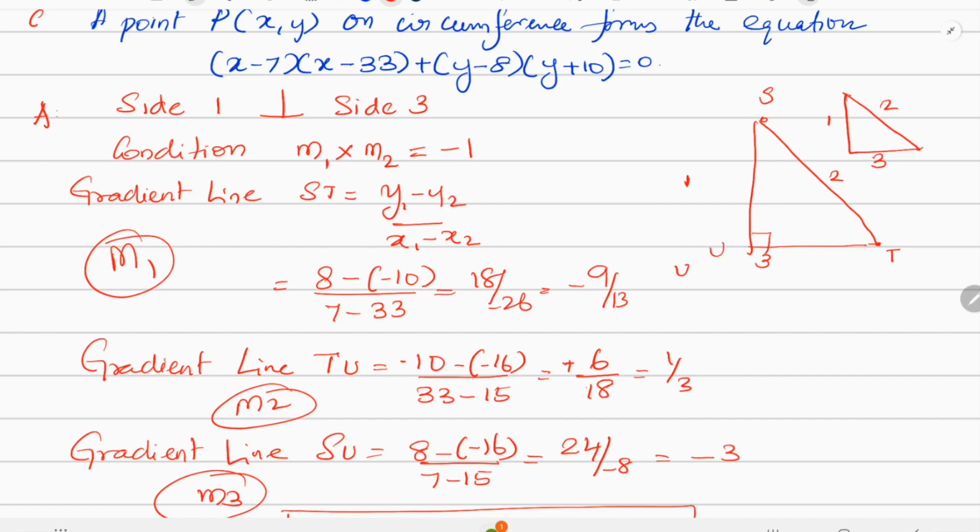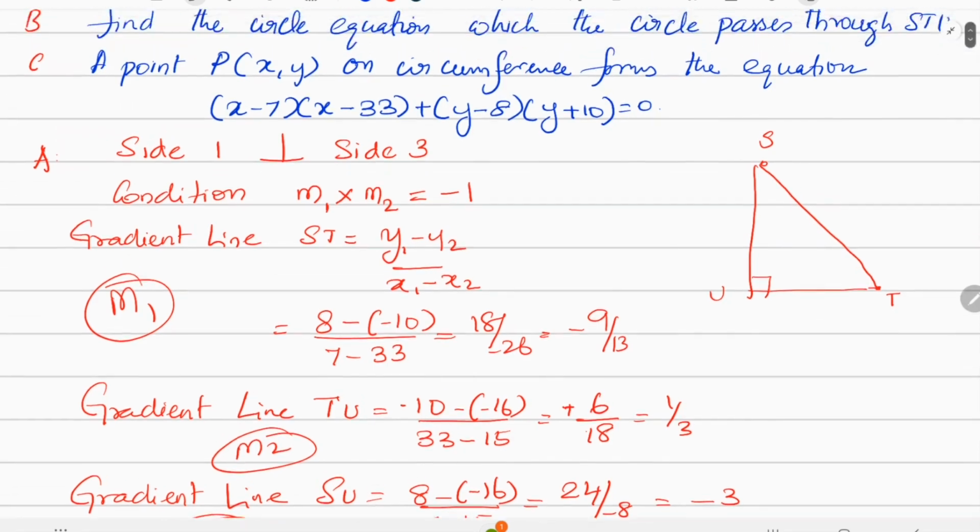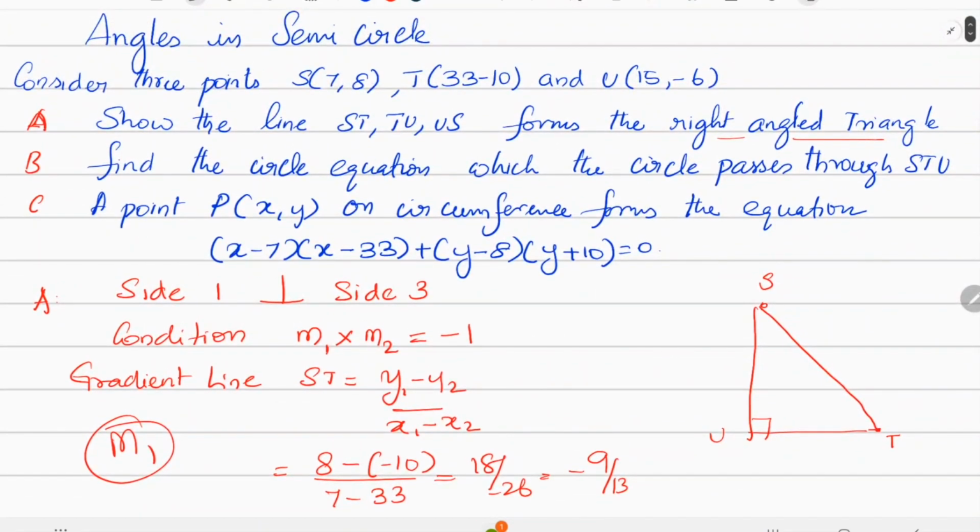Okay, this is U. So we have found that the 3 points, the 3 lines, form a right angle triangle. Clear? Now we will go for part B.